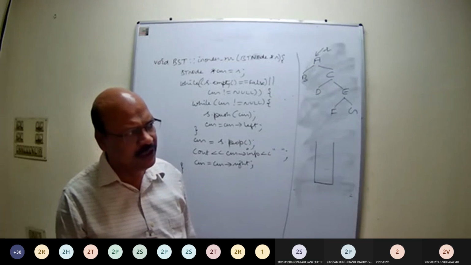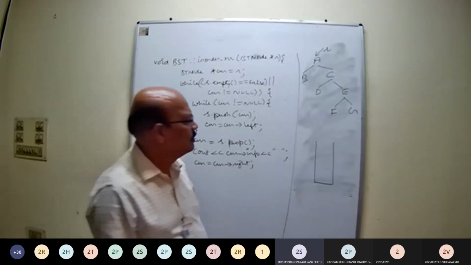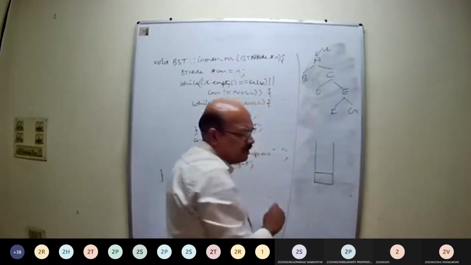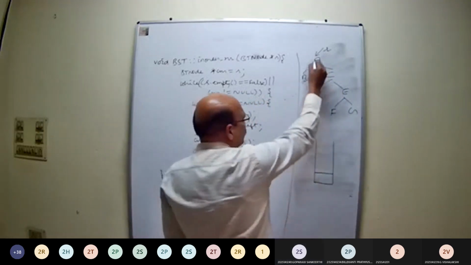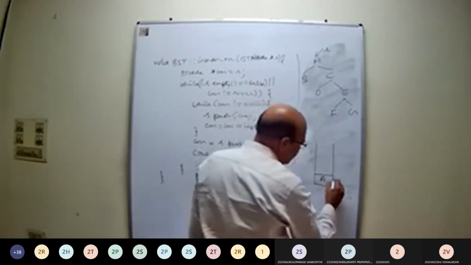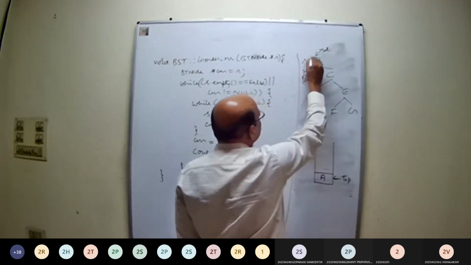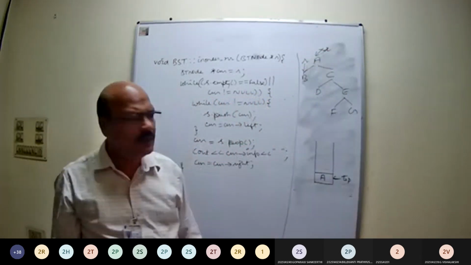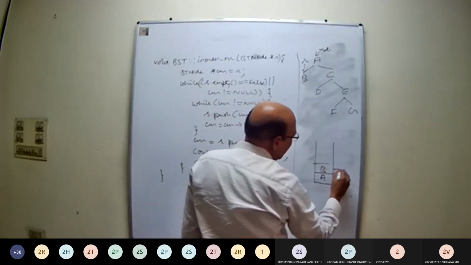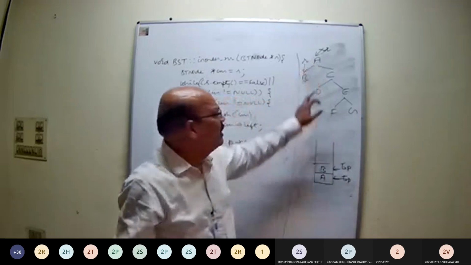But before checking, we need to do one more operation: R is pointing to the root node, so push this root node onto the stack. First, you have to push and then make it point towards its left chain. So push B onto the stack and then make R point towards its left chain.